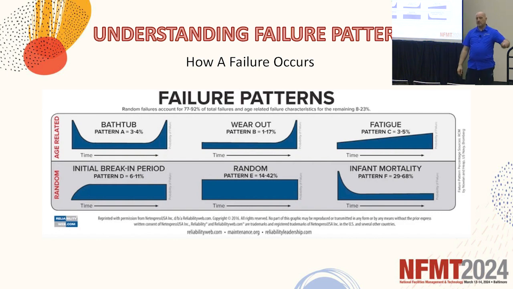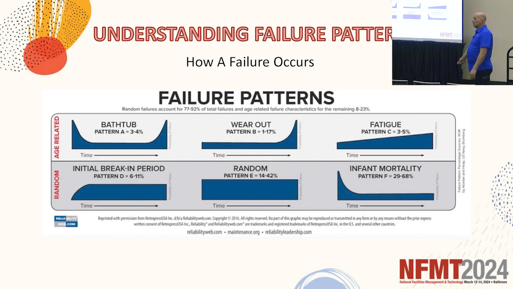Infant mortality is basically when you design it, you set it up, okay? You have a lot of failures because maybe it wasn't designed properly or installed properly. It's usually installing that happens, okay? But then after those defects are fixed, the life cycle is good, and it probably lasts a lot longer.